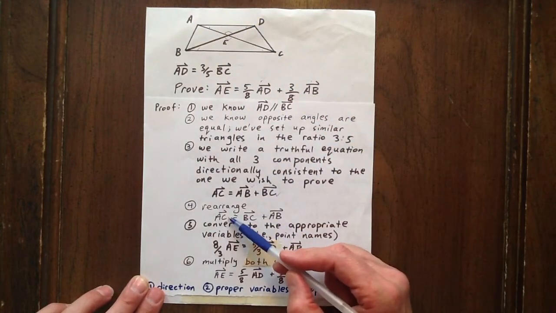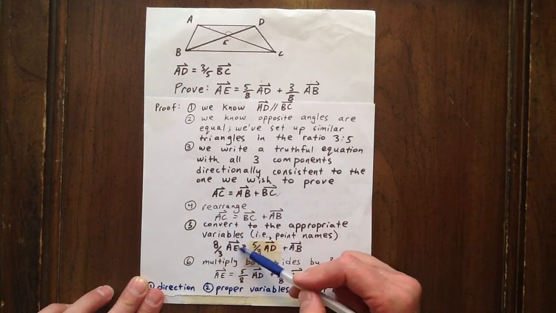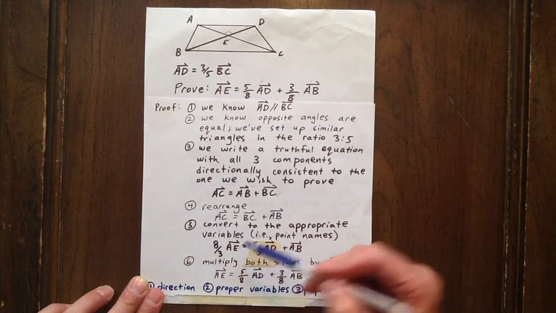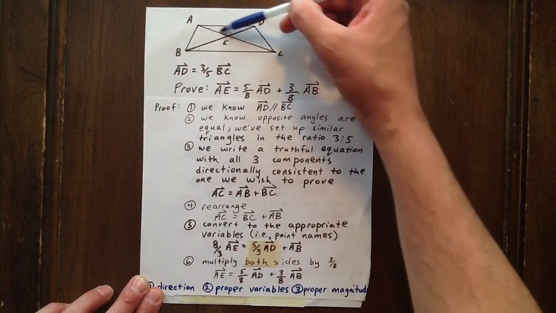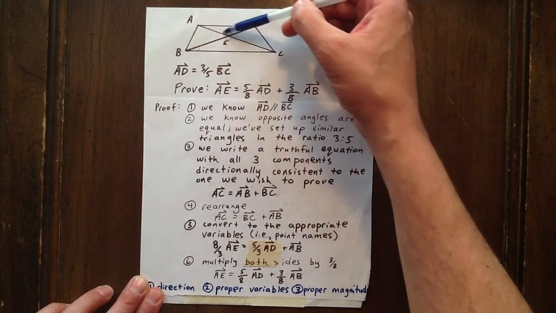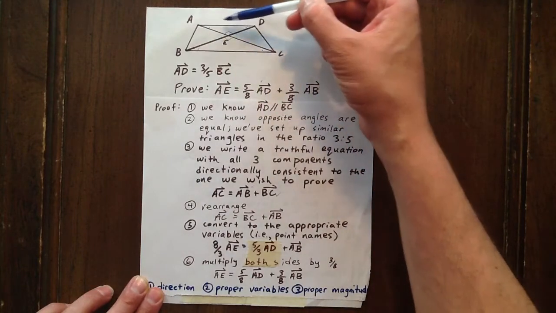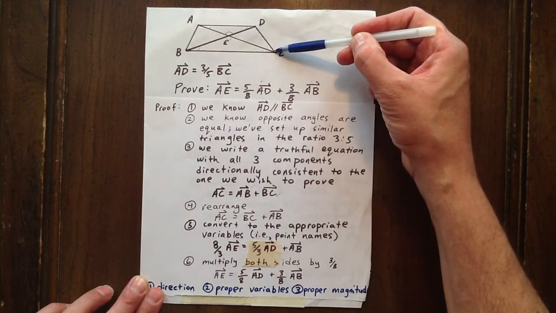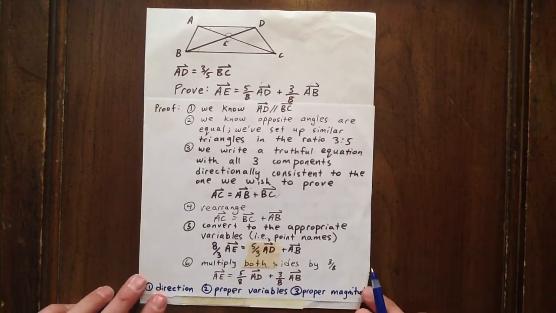That means, using simple fractions, that AC is 8/3 of AE. Again, if AC is 8 units long and AE is 3 units long, then AC is 8/3 of AE. 8/3 times 3 is 8.